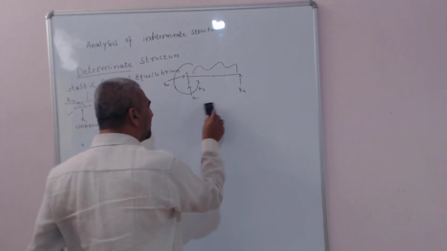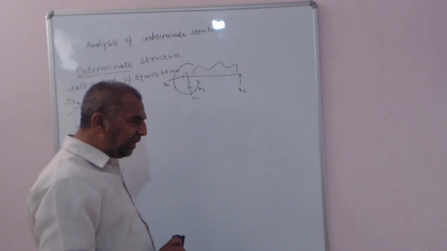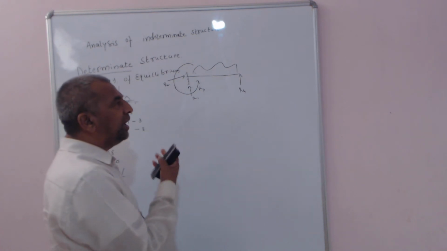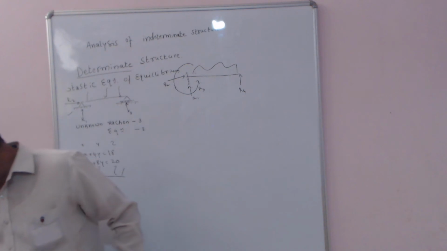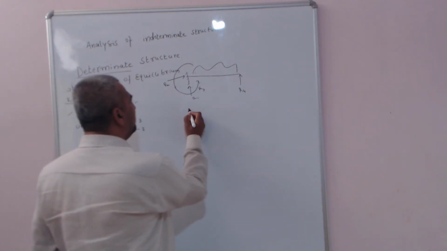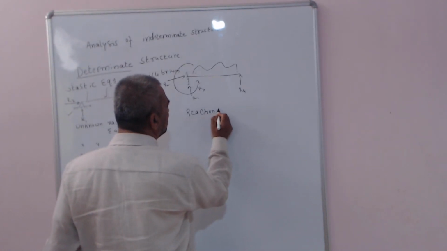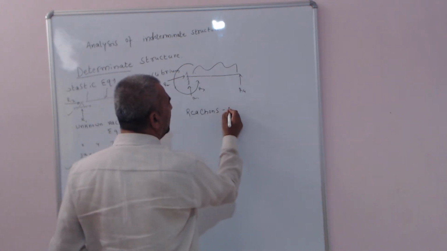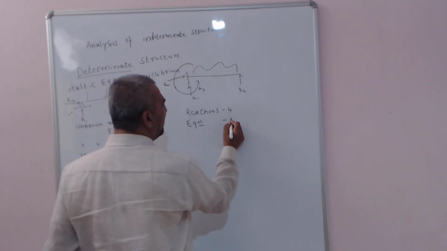What do we mean here by indeterminate? Determinate is I can determine them. Indeterminate is I am unable to determine them by using the existing conditions of equilibrium. Here the unknown reactions are four, and the equations are three.